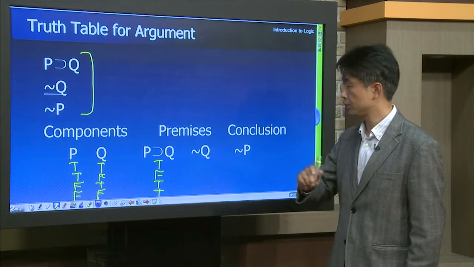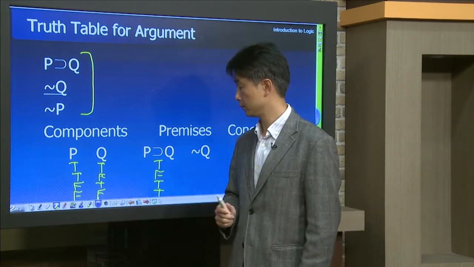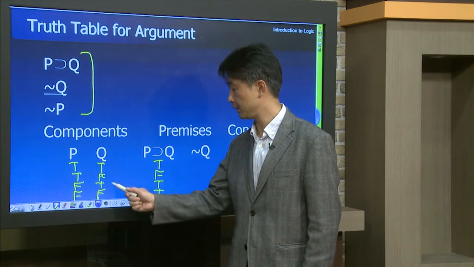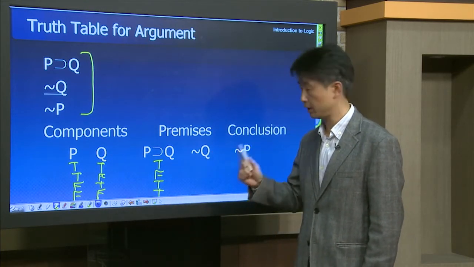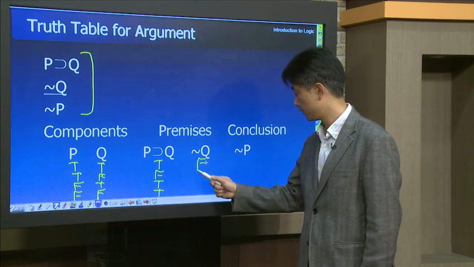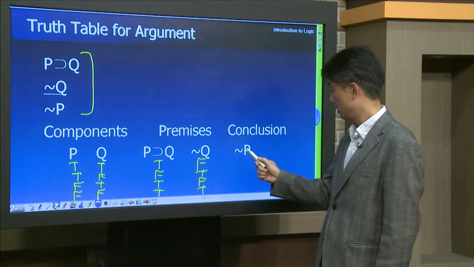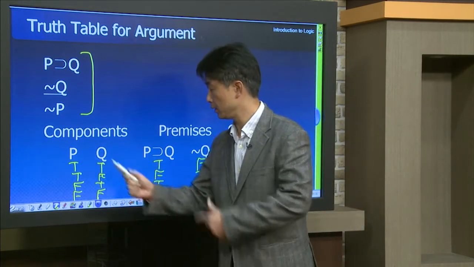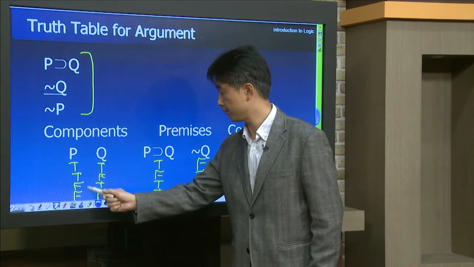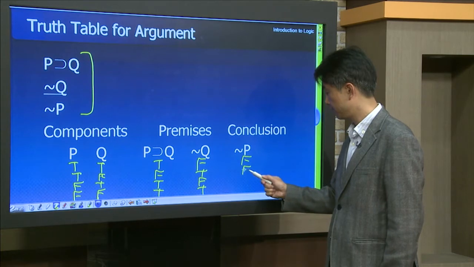Negation Q is the reverse of Q. So Q is TF, TF, so negation Q should be FT, FT. Conclusion is not P, so it should be the opposite of P. P is TT, FF, so not P should be FF, TT.